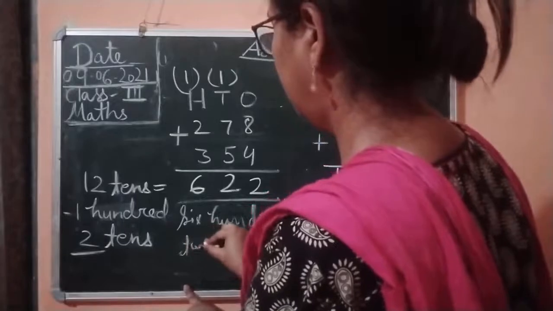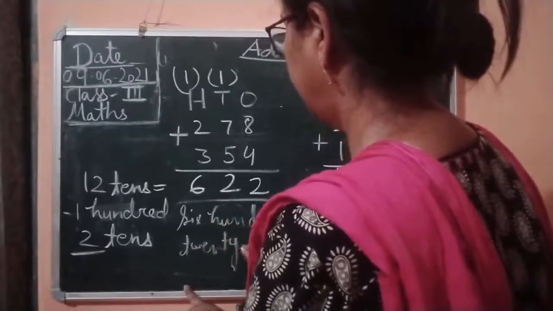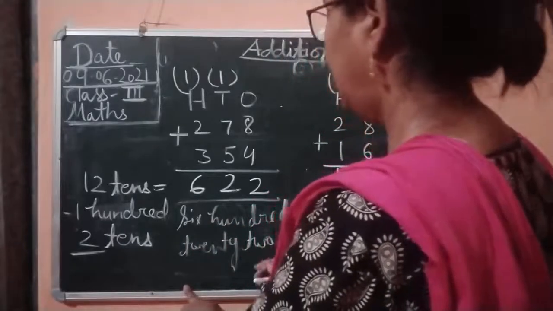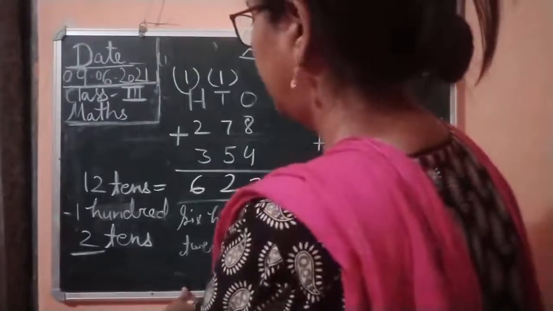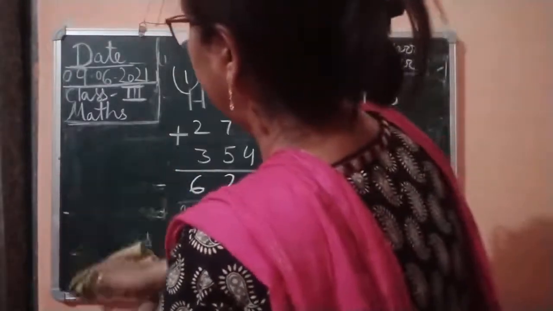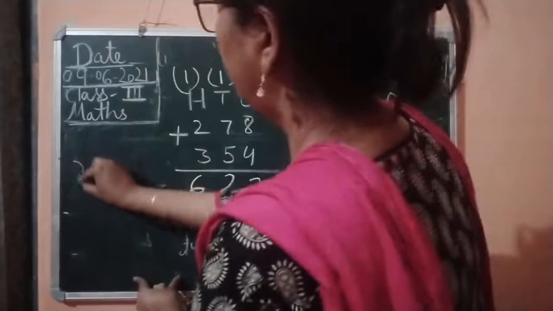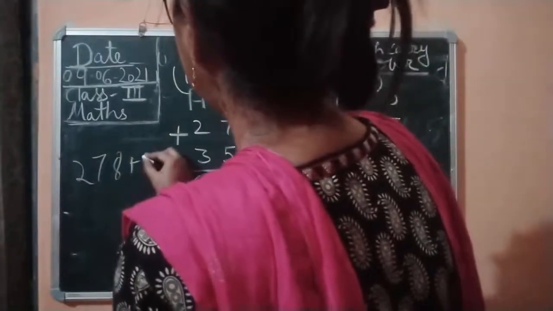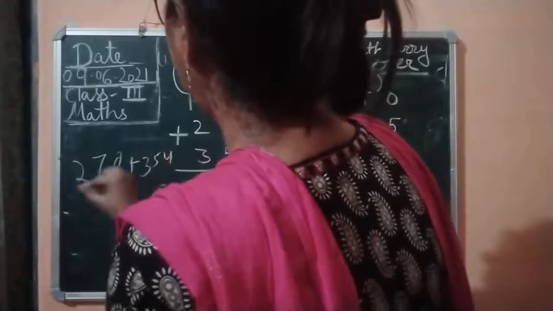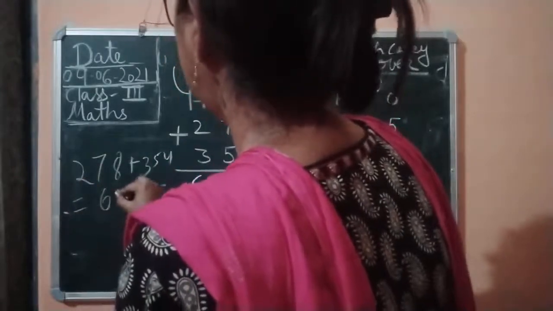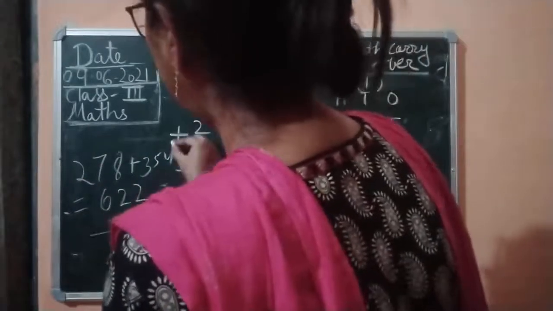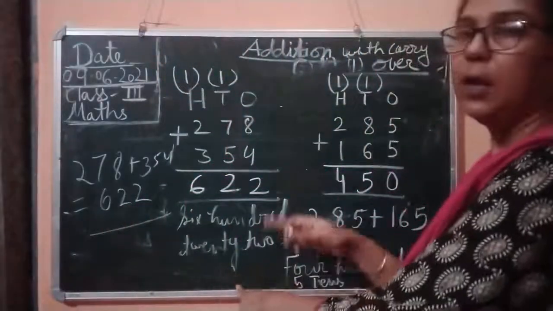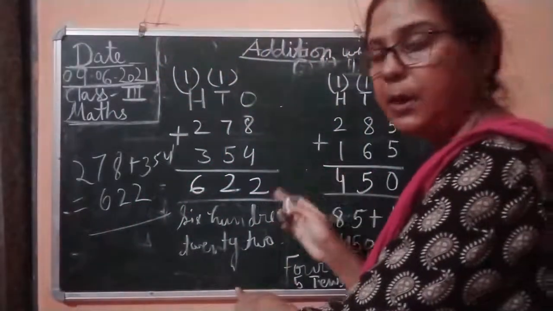22, in words. Okay, and now we will do 278 plus 354 equal to 622. We can do it like this also, but the sum will remain the same.